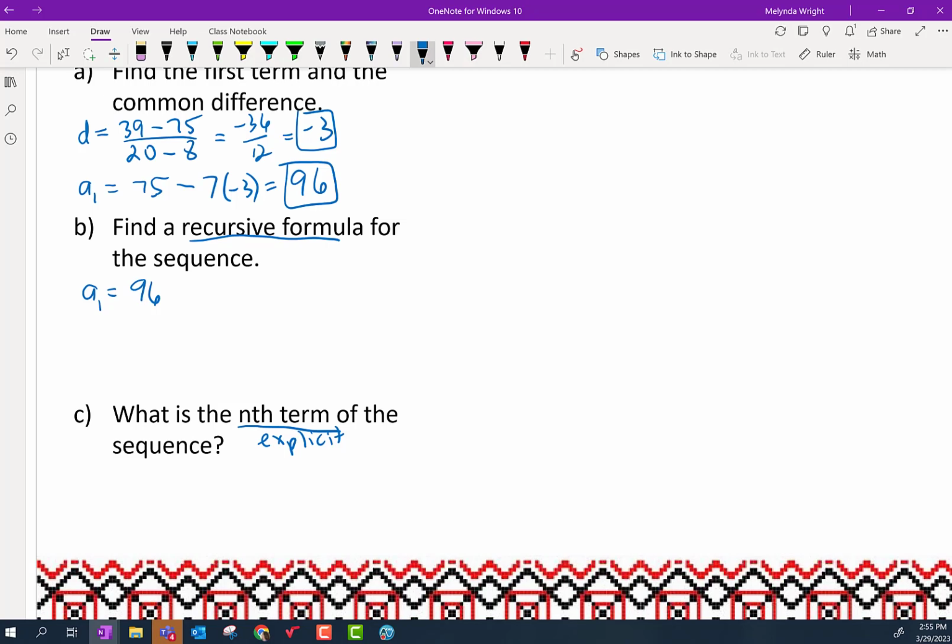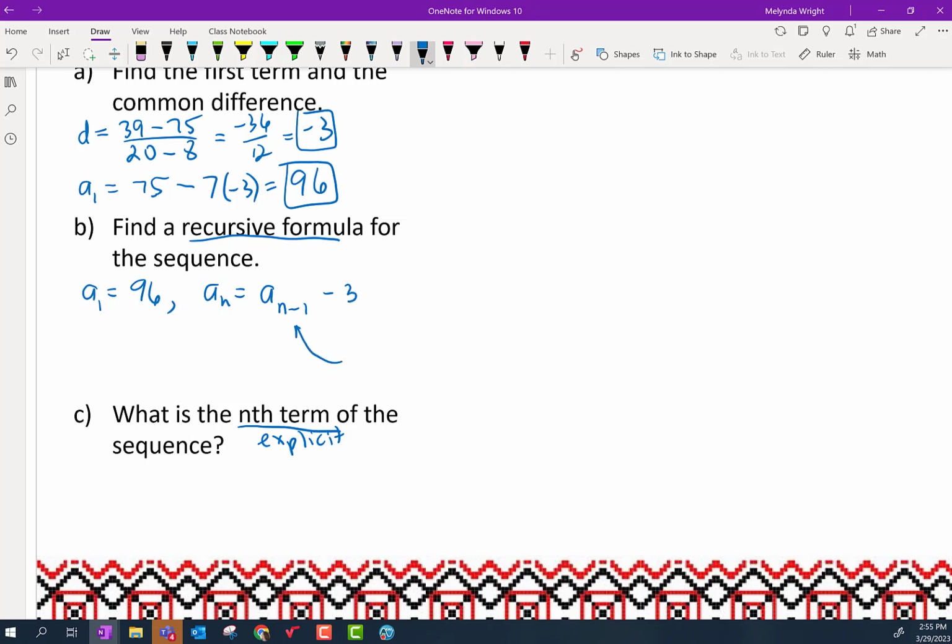The parts of a recursive formula: we have to list a term, the actual term. So a sub 1 is 96. Then we'll put a comma. Then we list the formula. How am I going to get all of the next terms? Well, we just figured out that I would subtract 3 every time. So I take the previous term, which is a sub n minus 1, and I subtract 3.